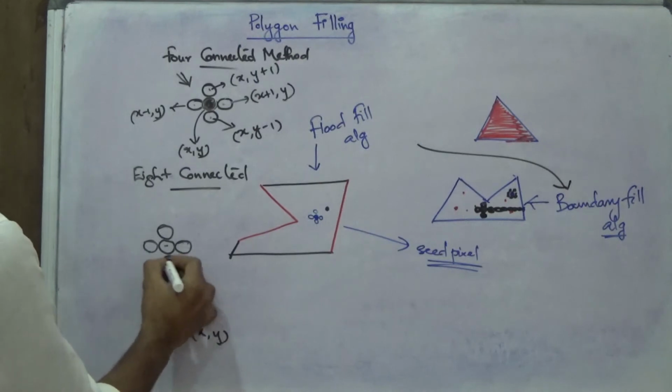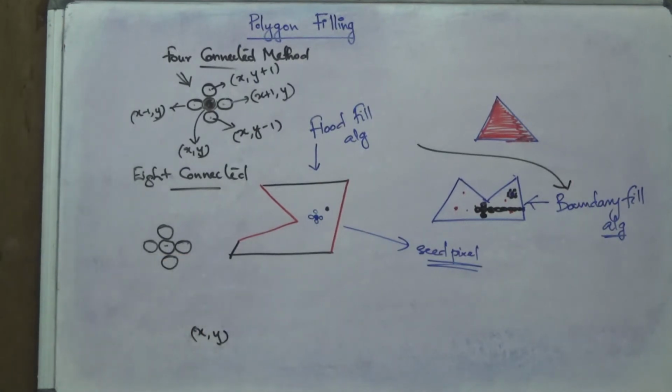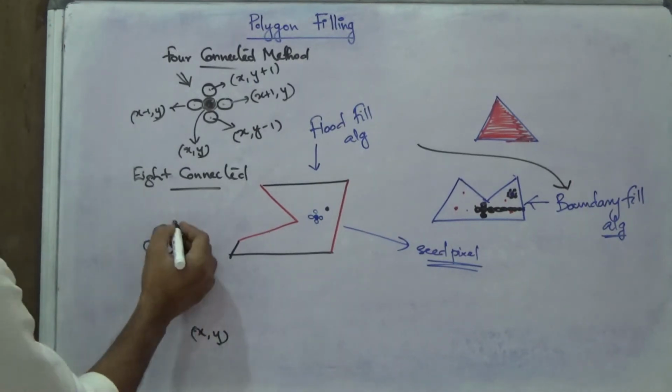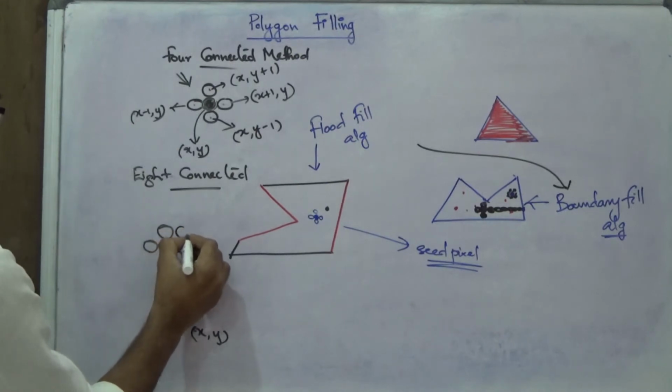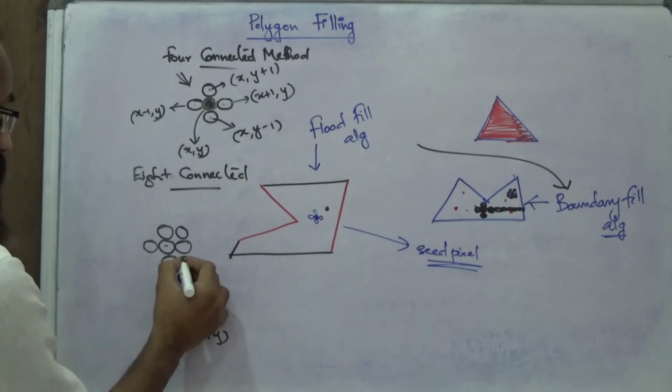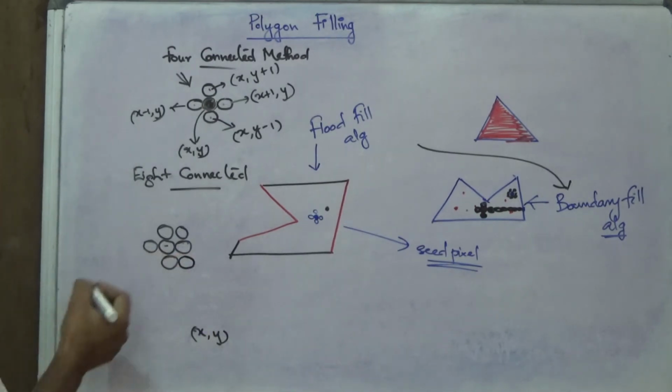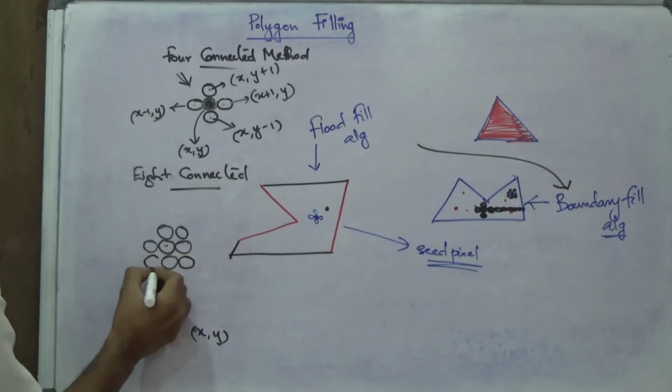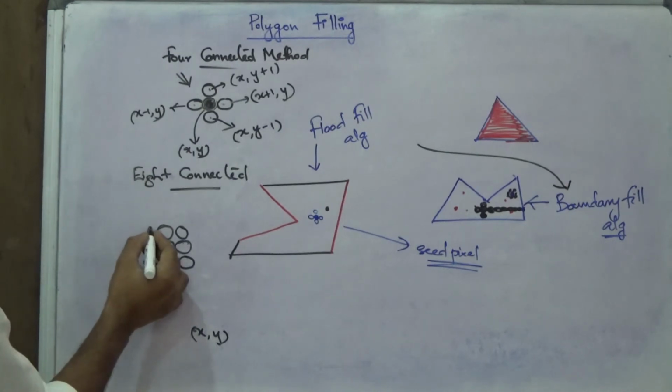It will consider the pixel x minus 1 y, the pixel x plus 1 y, the pixel x y plus 1, the pixel x y minus 1, then the pixel x plus 1 y plus 1, the pixel x plus 1 y minus 1, the pixel x minus 1 y minus 1, and the pixel x minus 1 y plus 1.